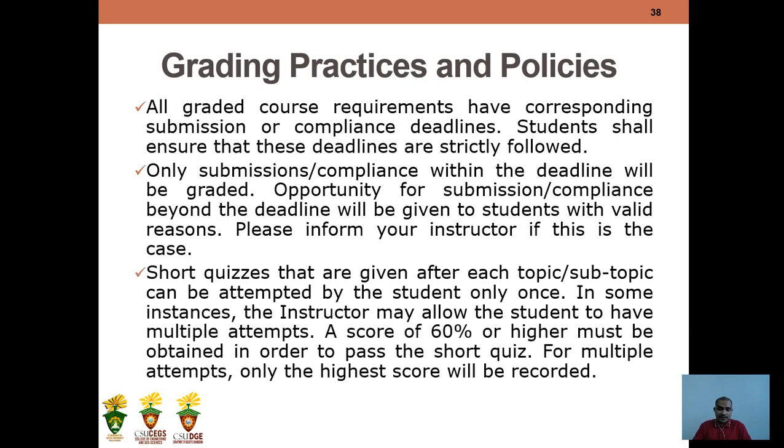Then short quizzes that are given after each topic or subtopic can be attempted by the students only once. Once given, you only get one chance to take the quiz. In some instances, the instructor may allow the students to have multiple attempts.